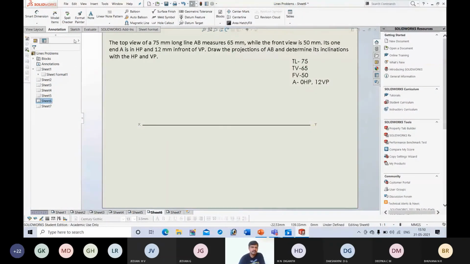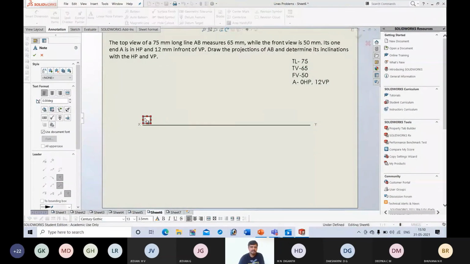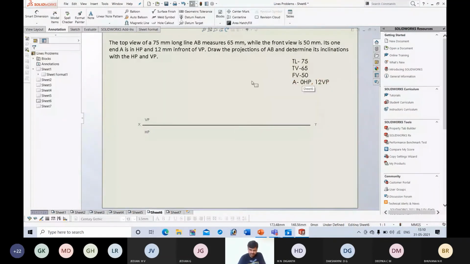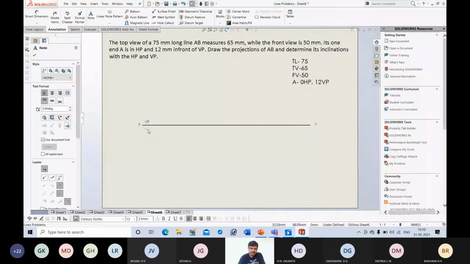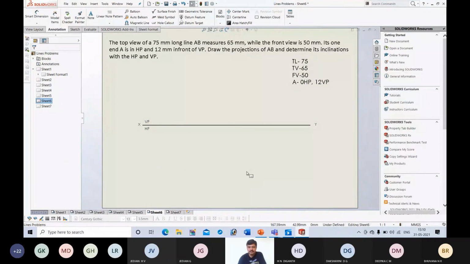After that, name it as VP and HP, since it is always the first quadrant. Though the point is on HP, we assume it is the first quadrant, because we consider only first angle projection in this course.